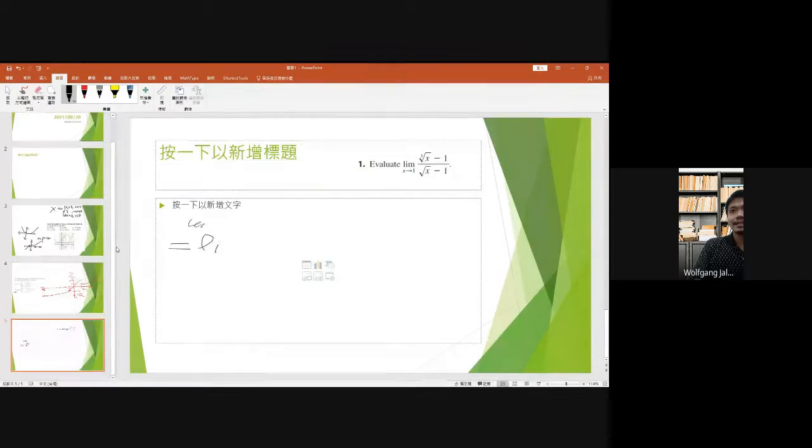So basically, this is the same as x to the power 1/6 squared minus 1, over x to the power 1/6 cubed minus 1.